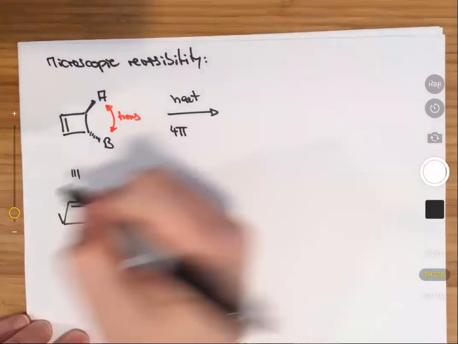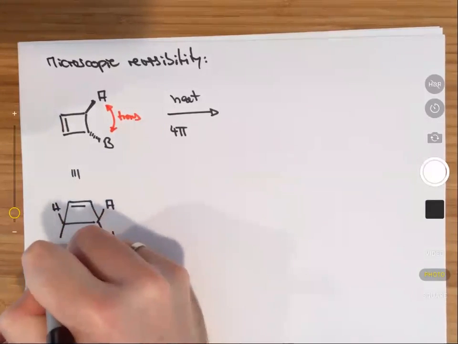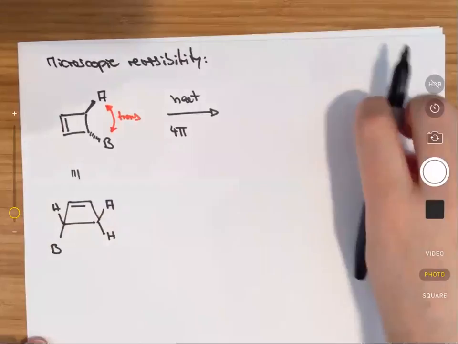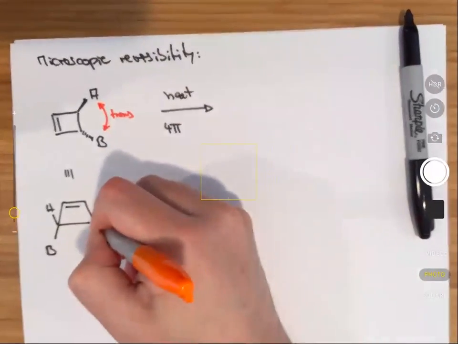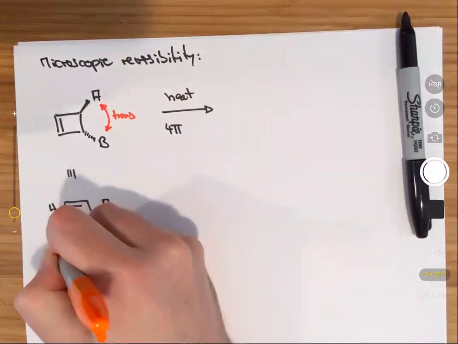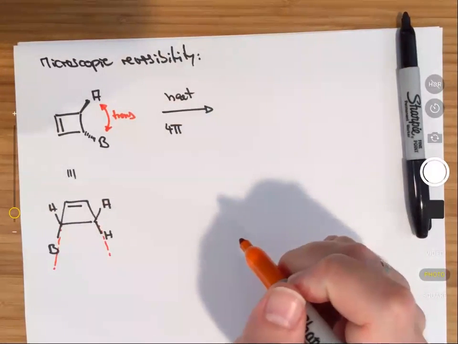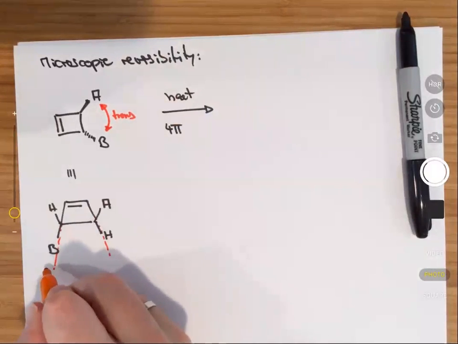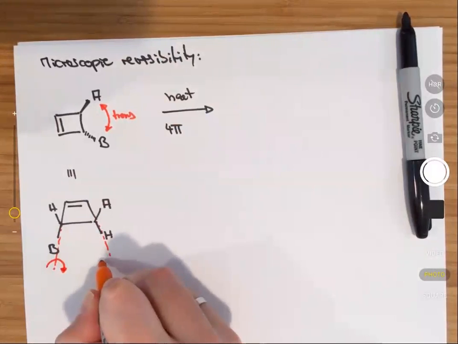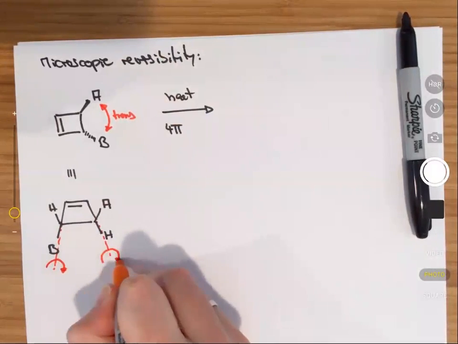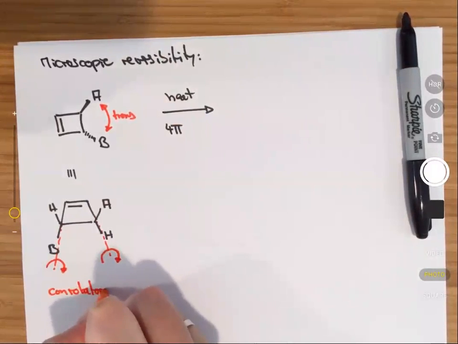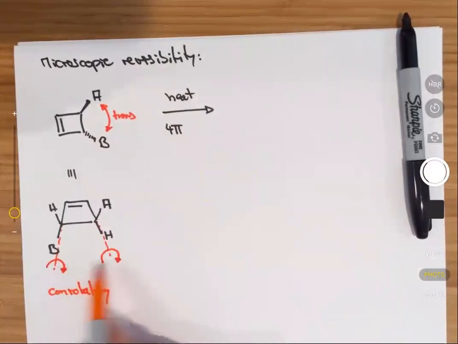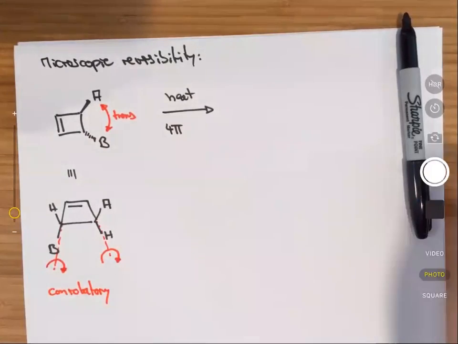And then let's say hydrogen here and substituent B is going downward. Then we can play the same game again and extend these bonds a little bit, so we can define the direction in which we rotate. And let's say we rotate now clockwise on both sides because it's conrotatory.